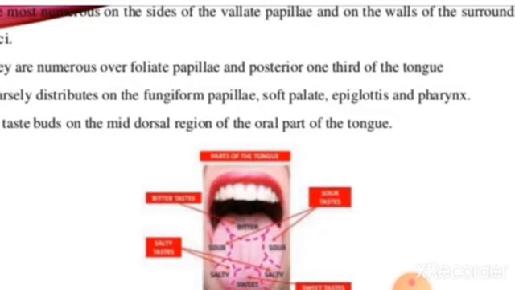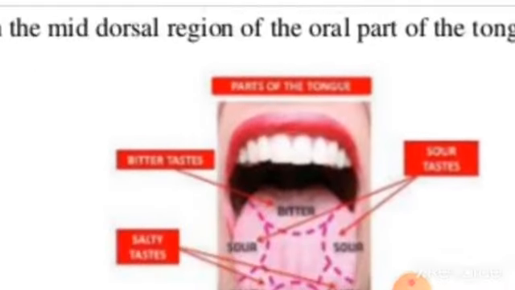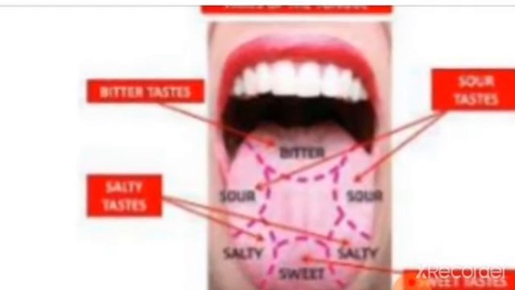Okay, so these are the various tastes. See, they are present where you can see here: the tip, the frontmost part, is the sweet taste. Okay, then by the sides there is salty taste.